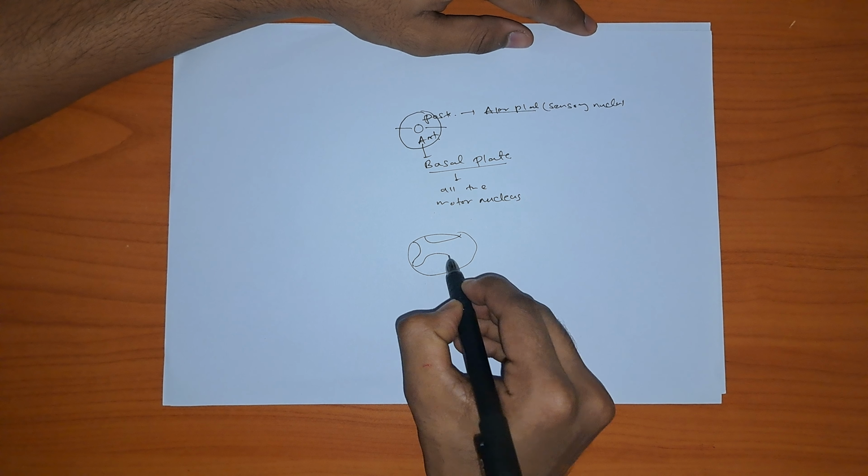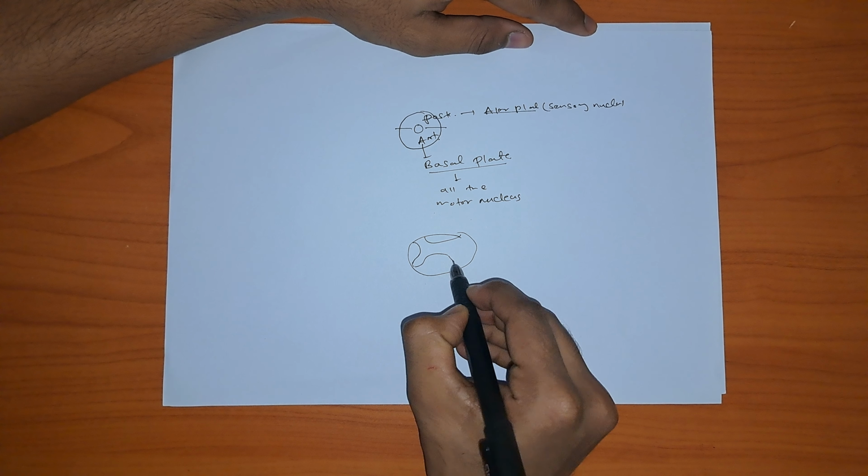The posterior horn carries all the sensory neurons, and the anterior horn carries all the motor neurons. Like this, in the neural tube, the posterior portion, the alar plate, carries all the sensory nuclei, and the anterior portion, the basal plate, carries all the motor nuclei.